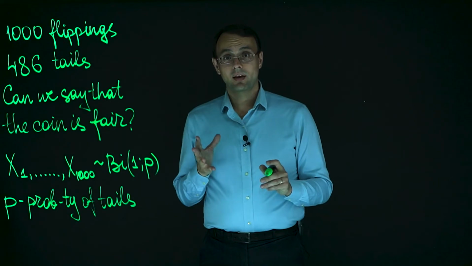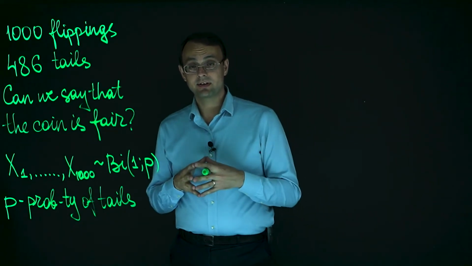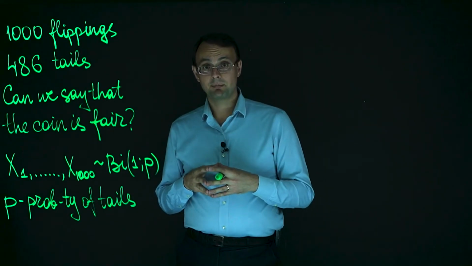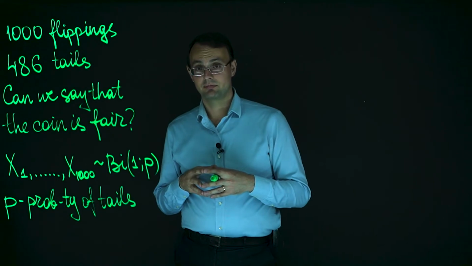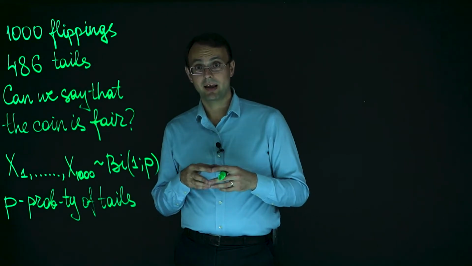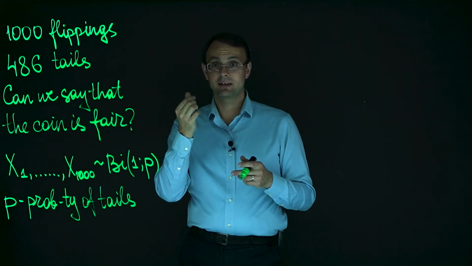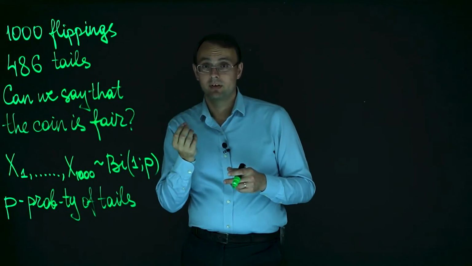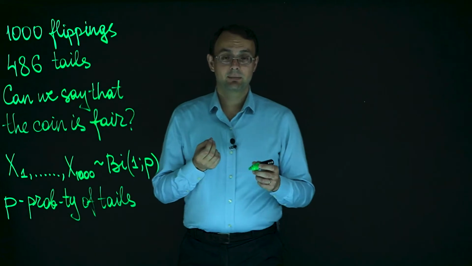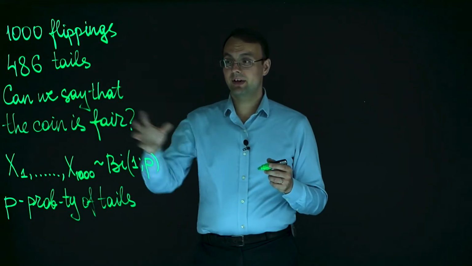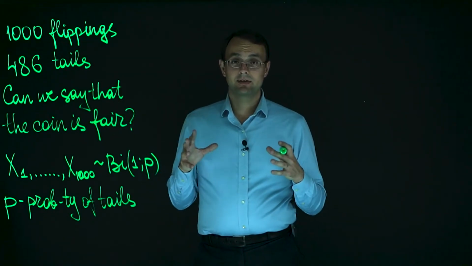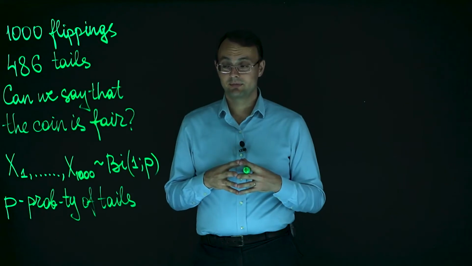Okay, is this hypothesis simple or composite? It is simple, as it contains an equality. So this hypothesis about the fairness of this coin is a simple hypothesis.